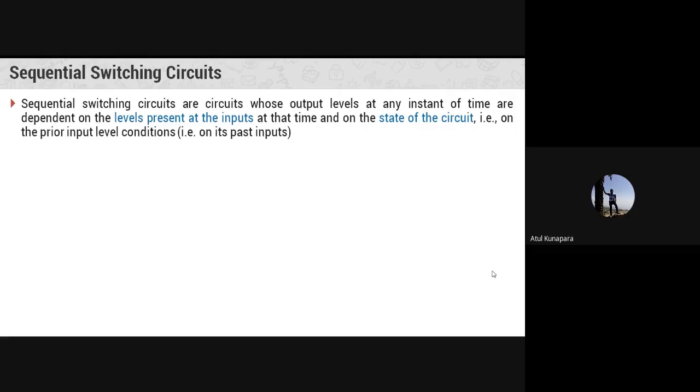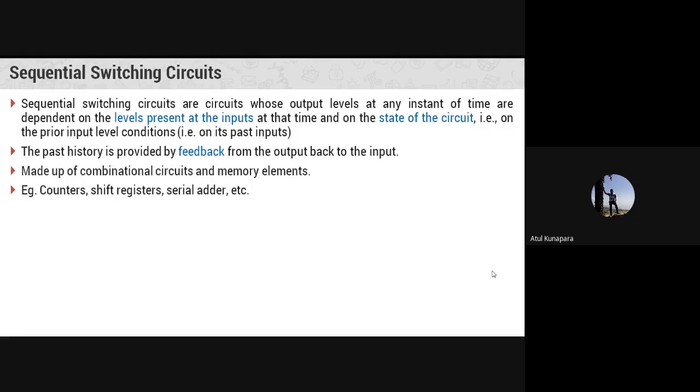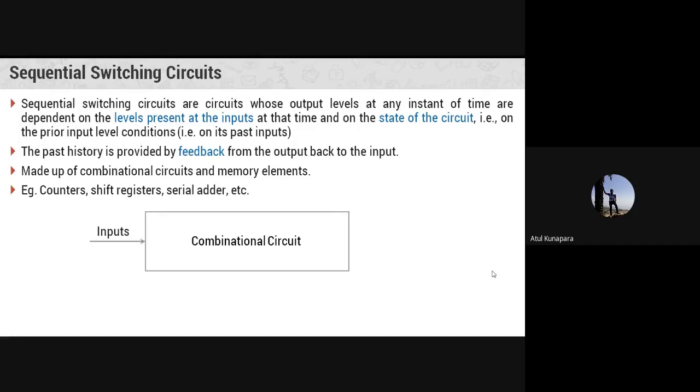What do you mean by this? Let me tell you with an example. Let us say this is the combinational circuit you have, right? In a combinational circuit we have some number of inputs.